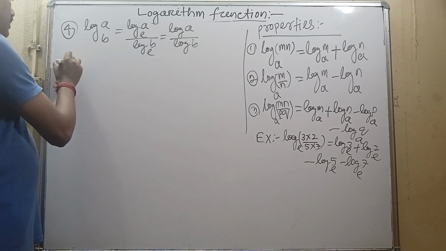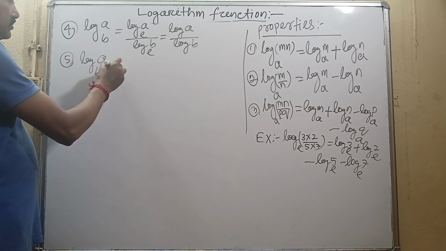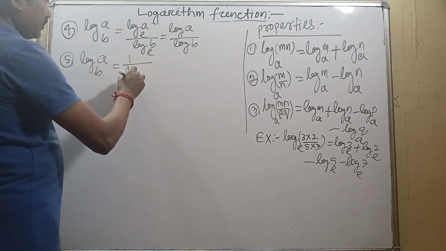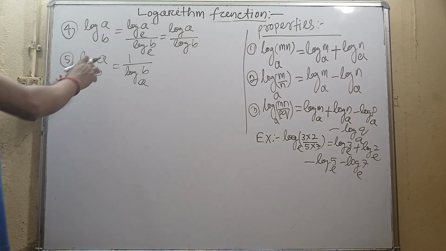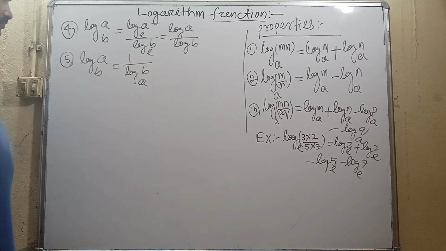Then number 5: log a base b equals 1 by log b base a. You just reverse a and b, that means log b base a.